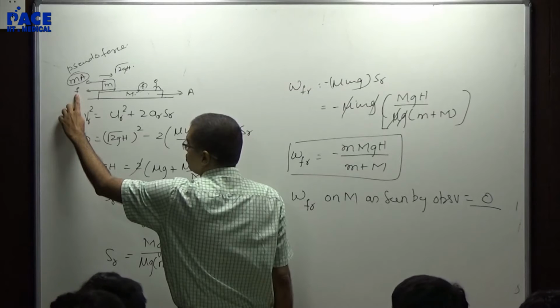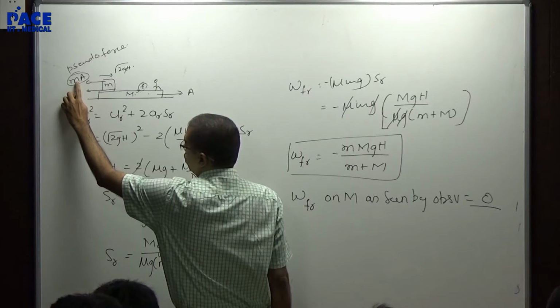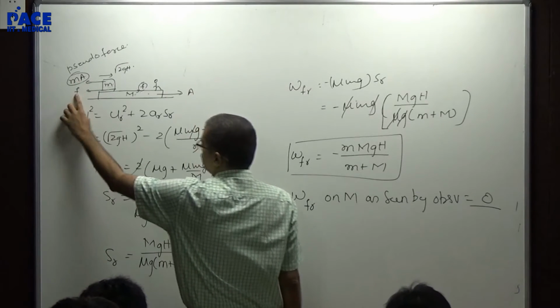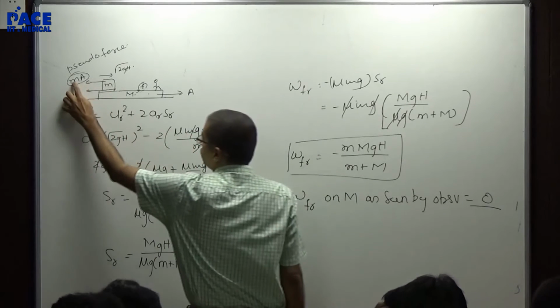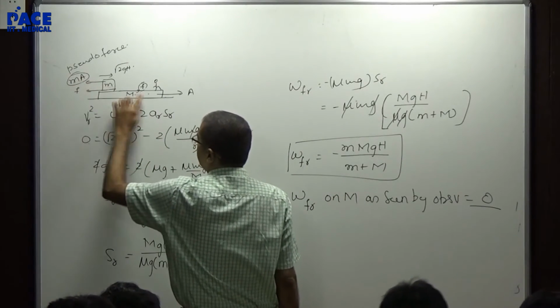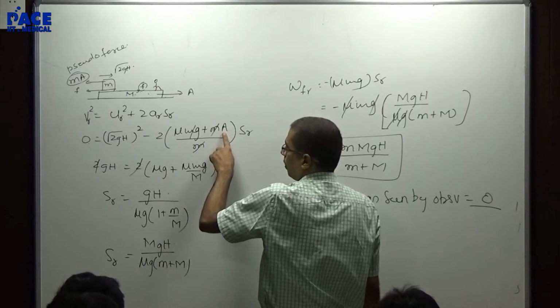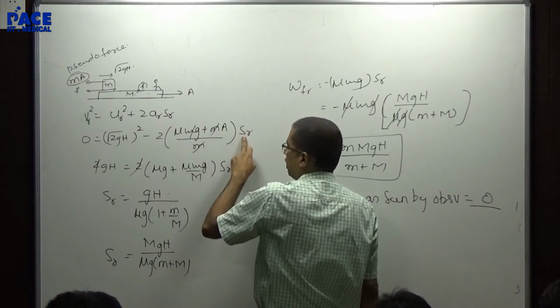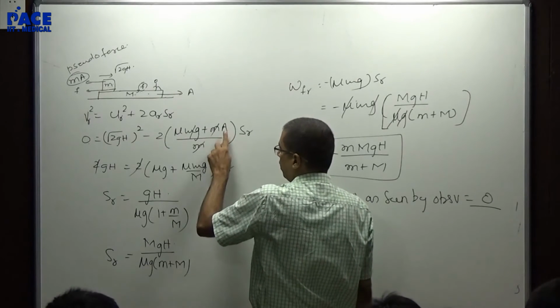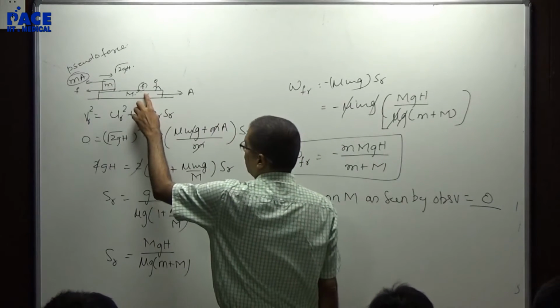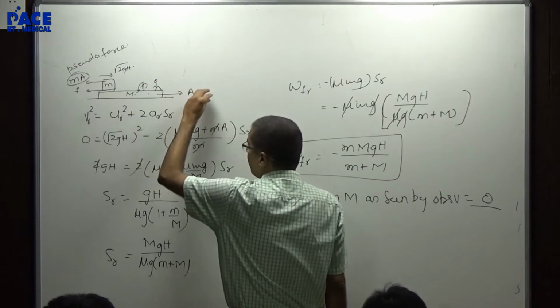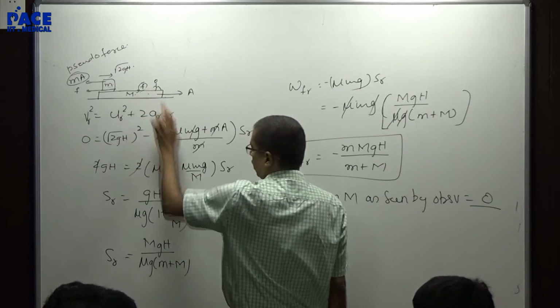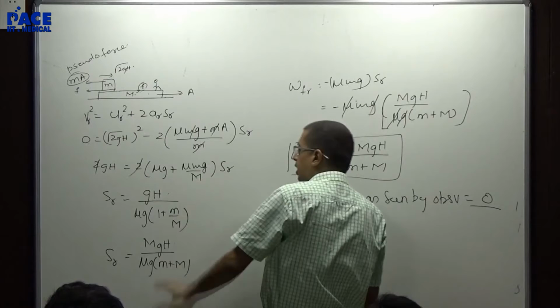Along with all the existing forces, you will add one more force called pseudo force. Friction is mu small mg. Pseudo force is mass of the block into acceleration of the frame. Force divided by mass is its deceleration. sr is the relative displacement. What is capital A? Acceleration of the frame. Why is the frame accelerating this way? Because of friction. So it is mu small mg by capital M.